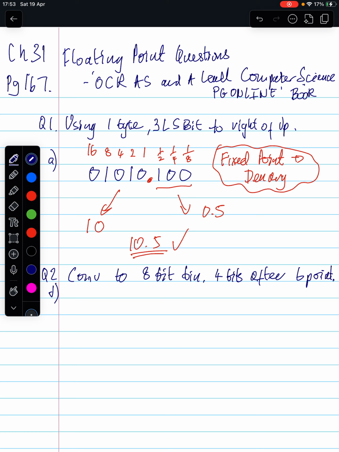Okay, so this is our number, 3.4375. What we're doing is going from denary, it's actually fractional denary, to fractional binary.